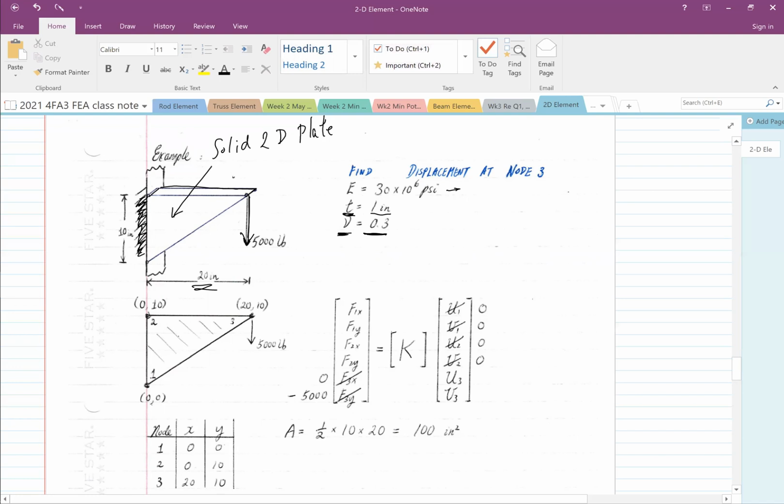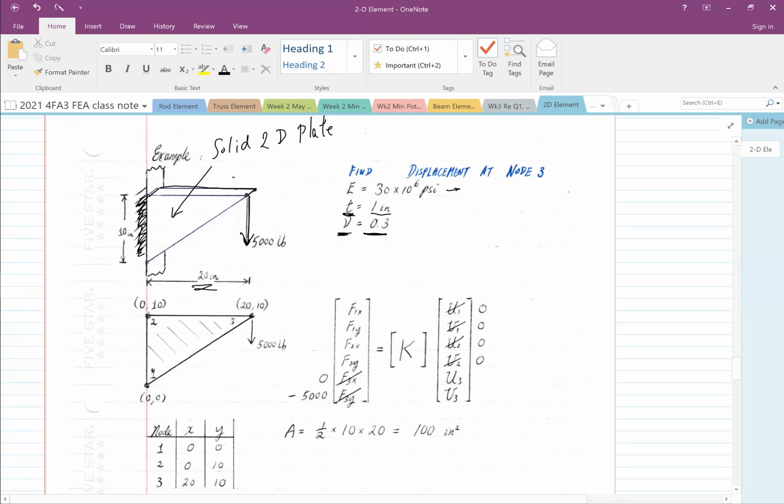The next step, name the nodes: 1, 2, 3. What if I don't like it? I want to have node 1 here, node 3 here, node 2 here. It's totally fine. The solution does not depend on how you name the nodes, as long as you're consistent. As long as you're consistent, you get the same result.